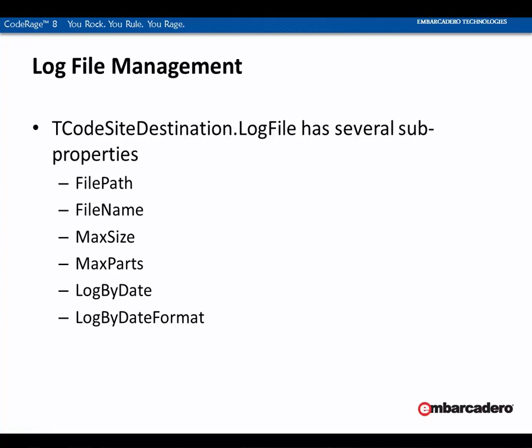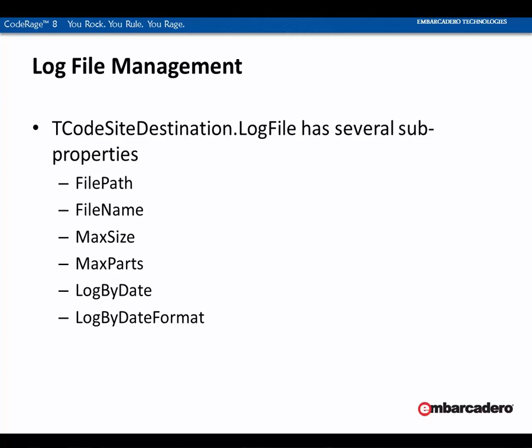What max size does is it's the number of kilobytes that this log file will grow to, and when it reaches the next message that causes it to exceed the maximum size, a new log file will be created, and it will be appended with a suffix. Basically that new log file is a new part. So you have your starting log file, it exceeds the limit, max size gets reached, and a new part gets created, and the old one sticks around.